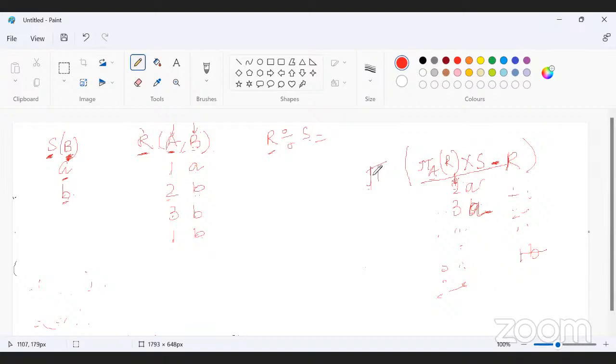Project A. From the whole expression, A is not present in S, right? Yeah, correct. So the output of this pi is 2, 3. These are the disqualified values, meaning these values are not taken.